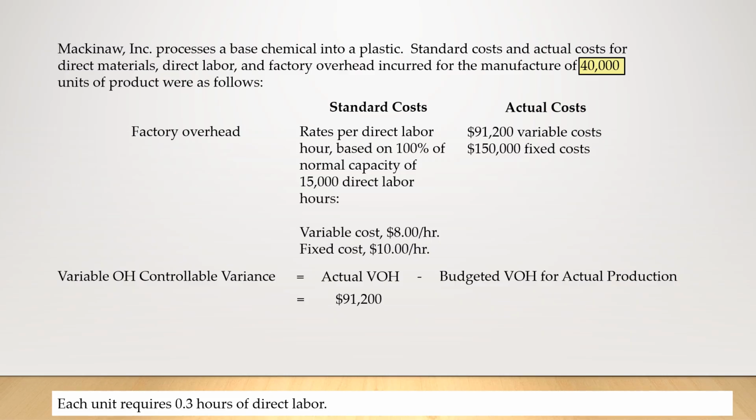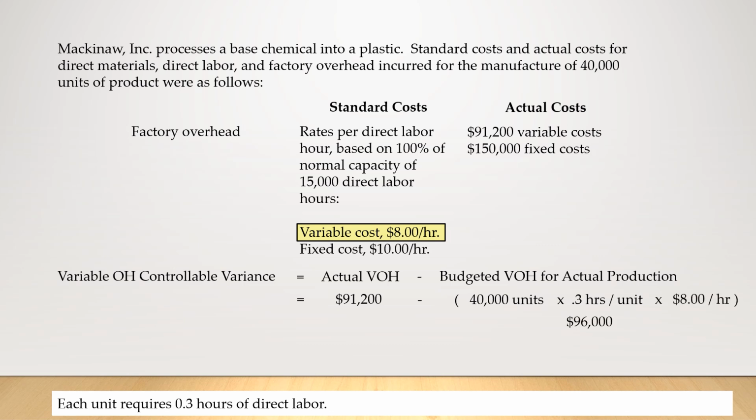To get the flexible budget variable overhead, take the 40,000 units, then multiply them by the standard 0.3 hours of direct labor per unit. Then multiply them by the variable overhead rate of $8 an hour to get $96,000.